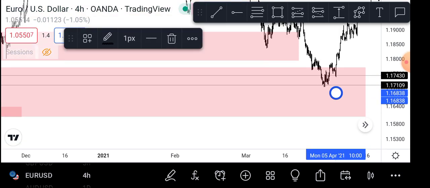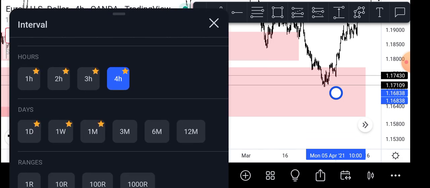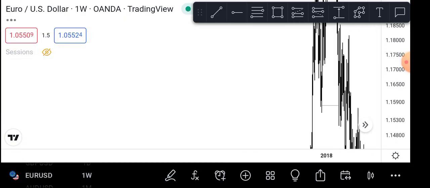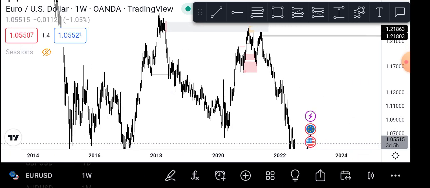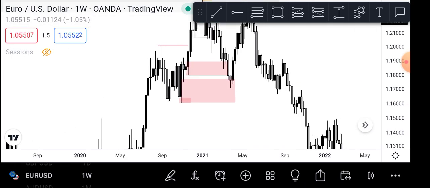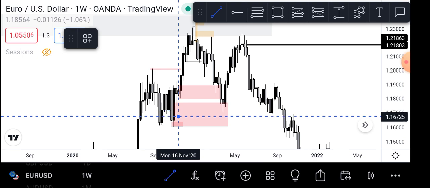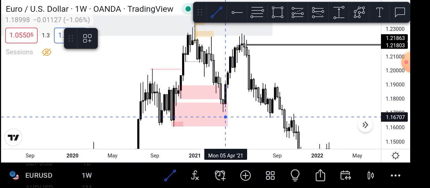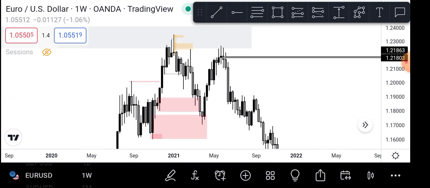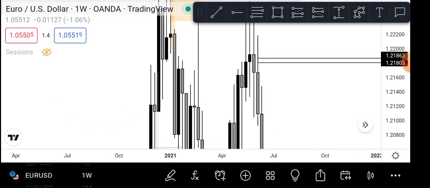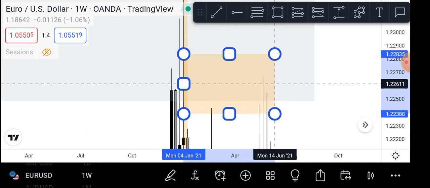So you can see the way to find supply and demands. It's very, very easy. So after price reacted to this zone, price continued the internal structure bias, which is bullish.